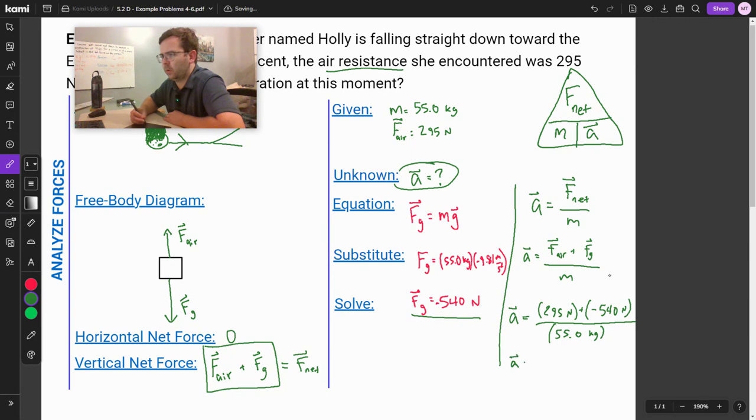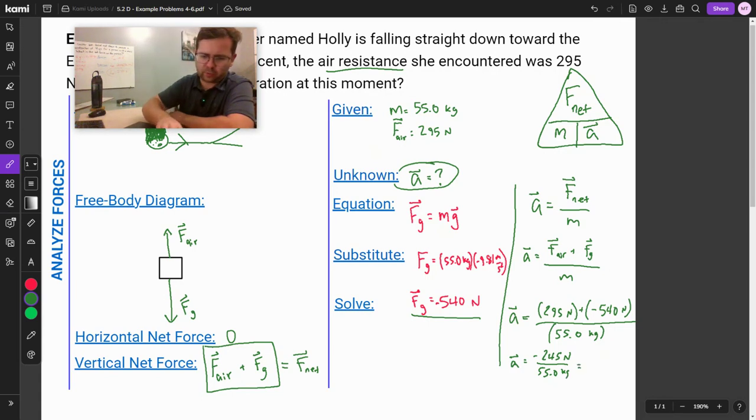So the acceleration of the skydiver, we're going to first do 295 plus a negative 540, and that gives us negative 245 newtons divided by 55 kilograms. Put that into our calculator again. The acceleration of the skydiver is negative 4.45 meters per second squared.